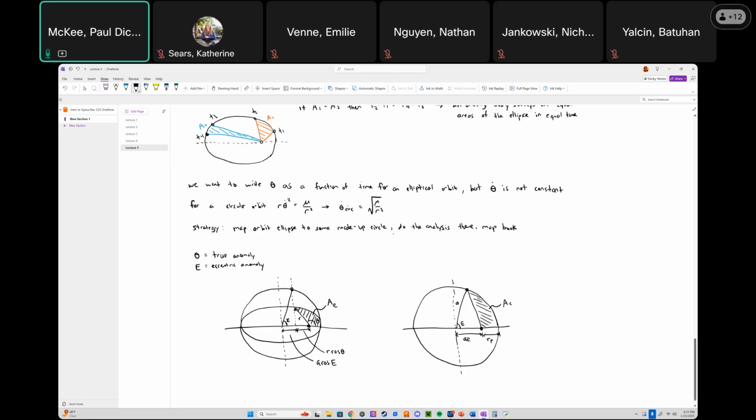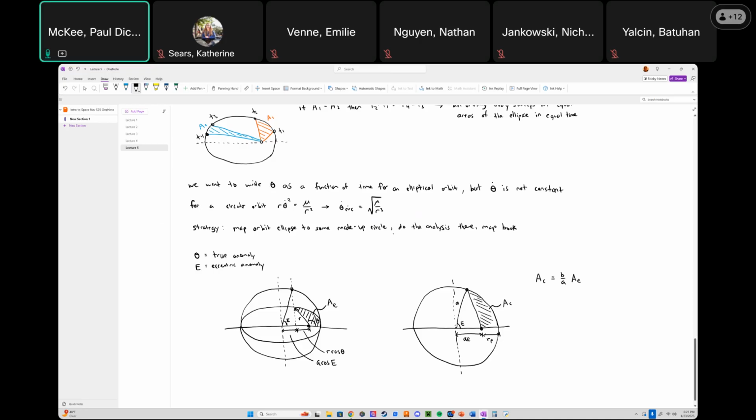So once this all makes sense, we're going to start using some fun math tricks and hopefully making things get real simple real quick. So the first is that the circular area is just the scaled version of the elliptical area, and the scale factor is B over A. That makes sense. Where B is the semi-minor axis, A is the semi-major axis.